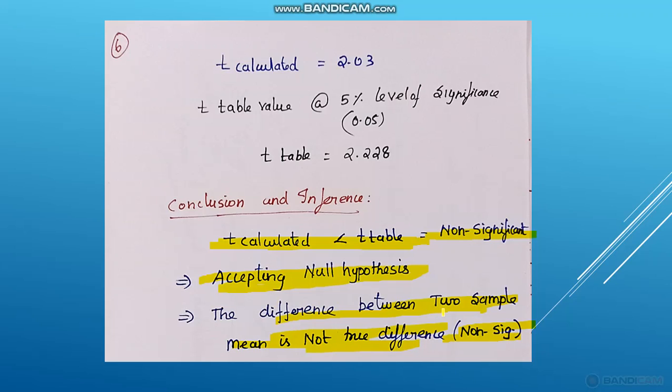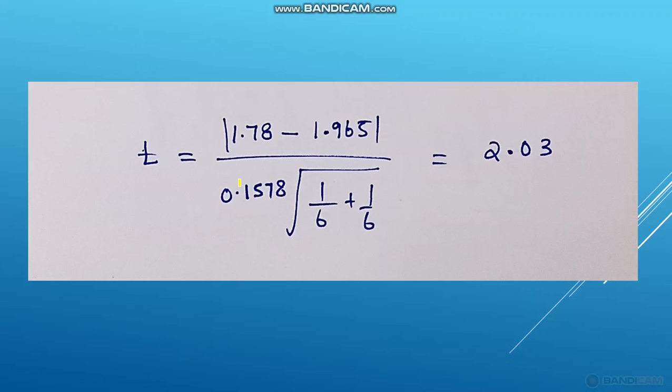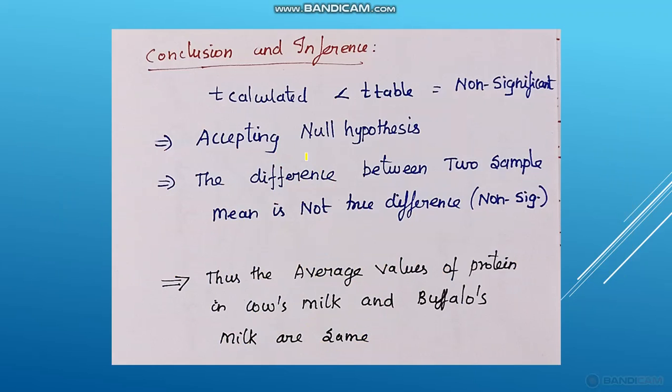So the difference between the two sample means is not a true difference; it is by chance. Thus the average value of protein in cow's milk and buffalo milk are the same.